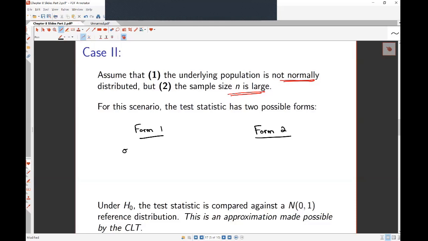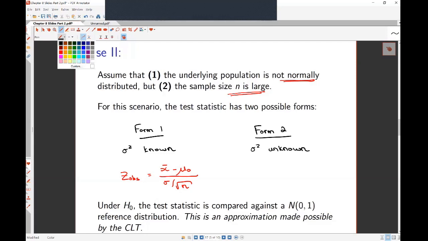If sigma squared is known, then your test statistic is still going to be z observed equal to x bar minus mu naught over sigma over square root of n. On the other hand, if sigma squared is unknown, you now have to rely on a sample quantity.